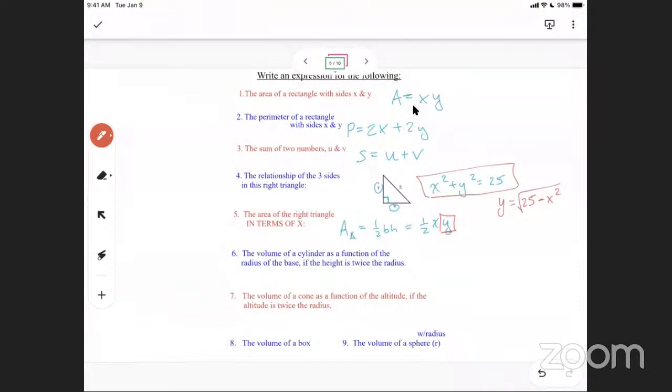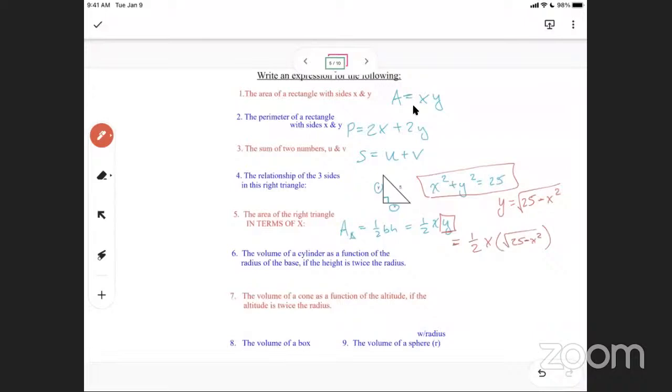So now I'm substituting that in: it's 1/2 x times the square root of 25 minus x squared. Good.